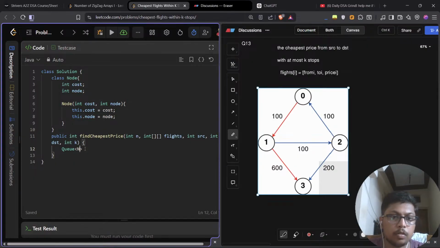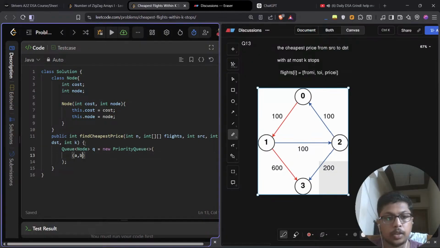For this node here, let's say that, right. So okay, now what we will do is we need it to get sorted based on the cost, right?